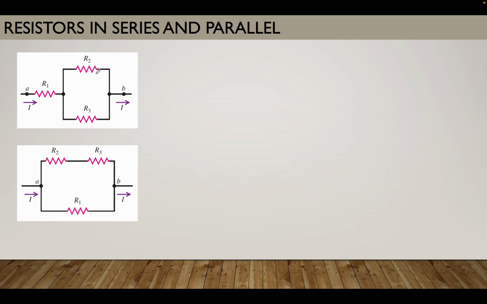Okay, so this is what it looks like when it comes to combining both series and parallel. What you will do is simplify the circuit. What do we mean by simplifying the circuit?